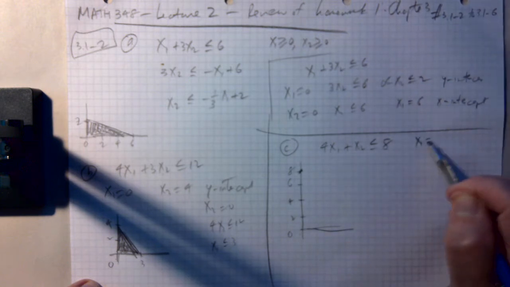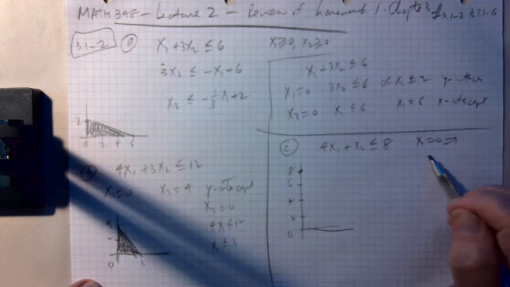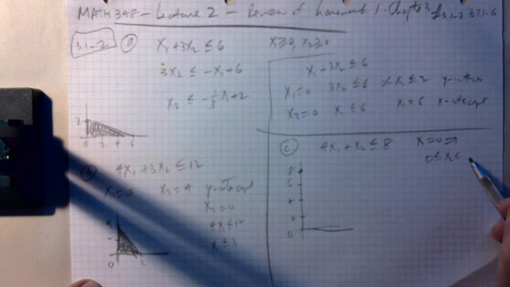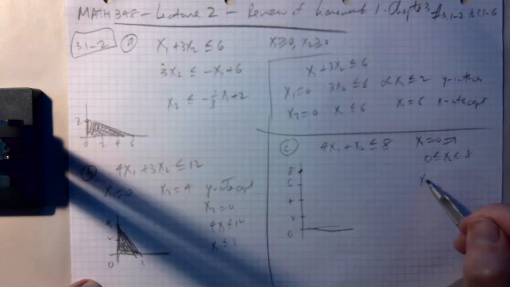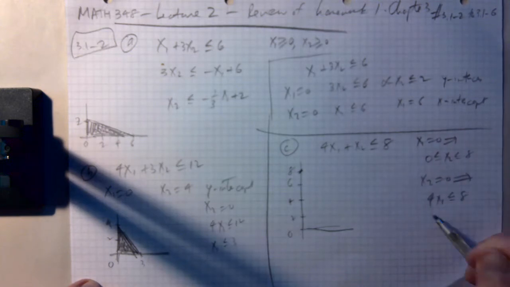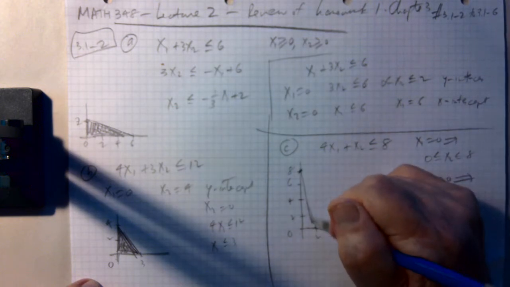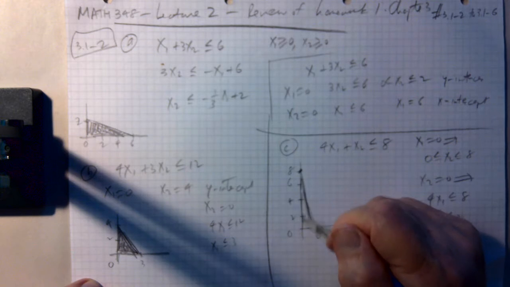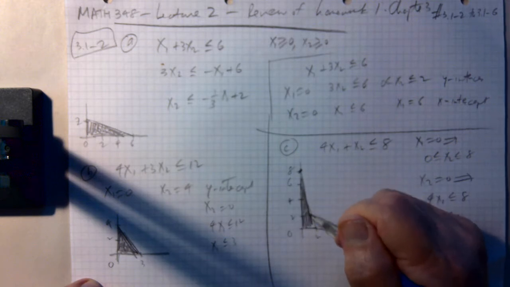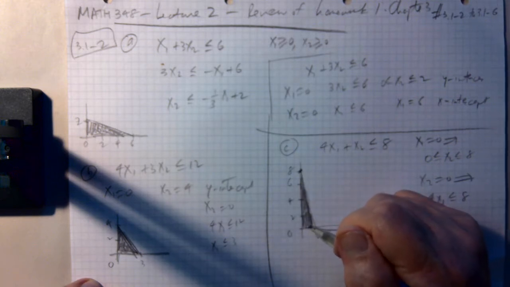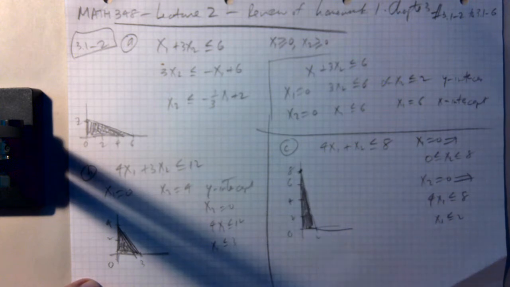So x1 equals 0 means x2 goes between 0 and 8. When x2 is 0, that implies x1 is at most 2. So this is the region. So this is the solution to problem 2. Sorry, A, B, and C.